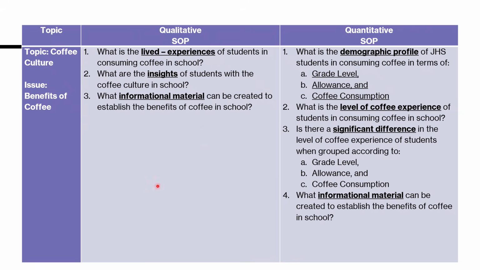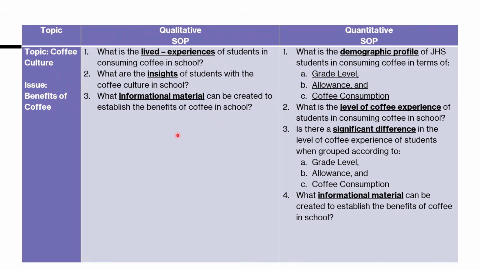And then the last SOP, normally in educational research, we want to look at what would be your impact or your contribution after doing the research. Now, these are the things that you want to create. When I read this one: what informational material can be created to establish the benefits of coffee in school? So the output or the solution that you want to get, remember my issue is about the benefits of coffee, is the informational material.